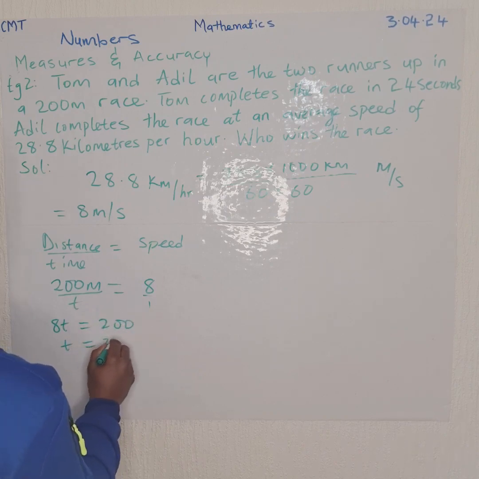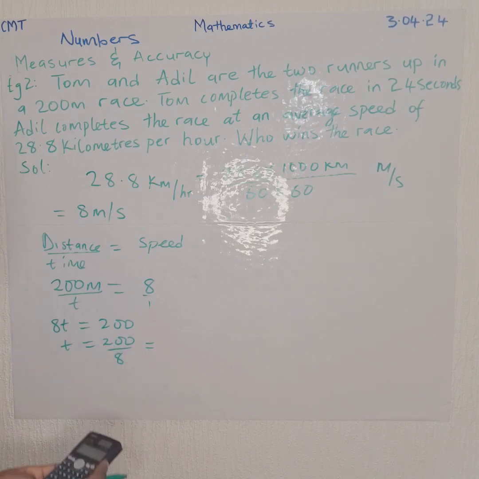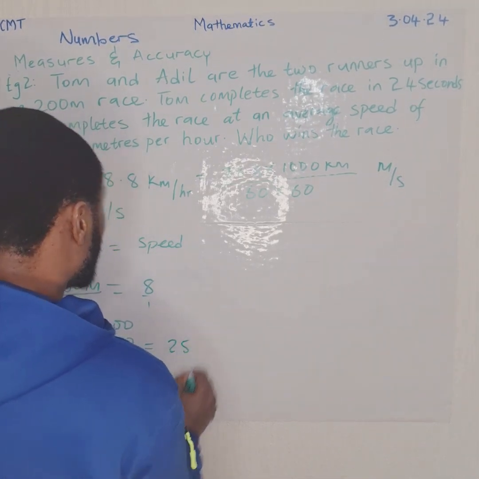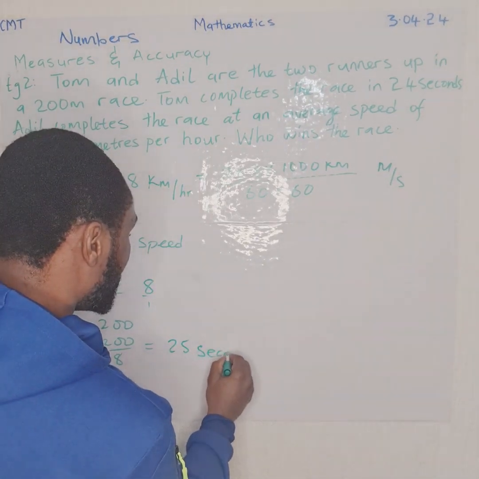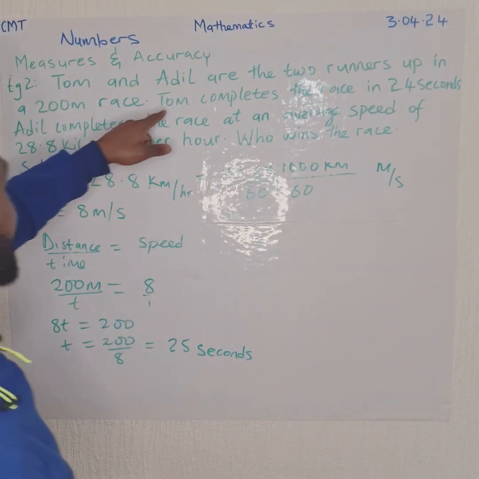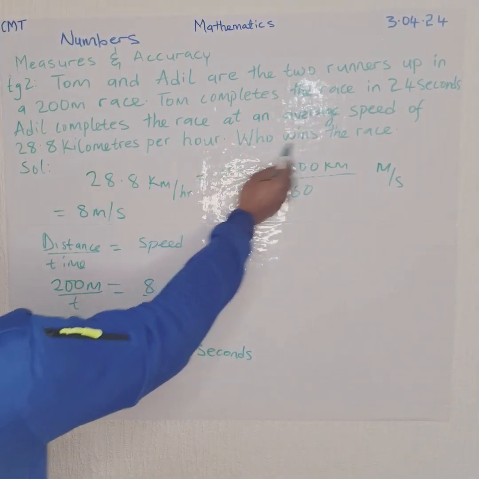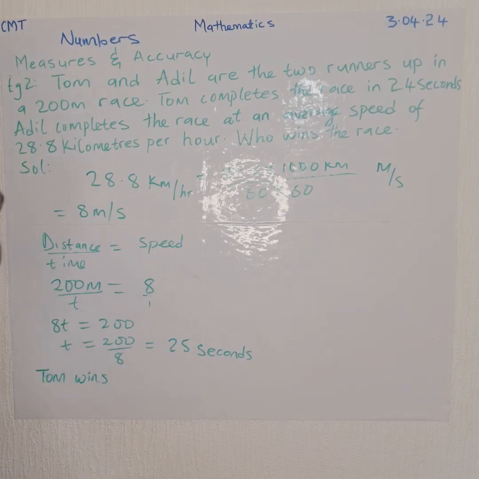T is equal to 200 divided by 8, which is 25. So the time it took Adil to complete this race is 25 seconds. But when you read the question, it says Tom completes the race in 24 seconds. Therefore, who wins this race? Tom wins because he completed the race in a shorter time of 24 seconds.